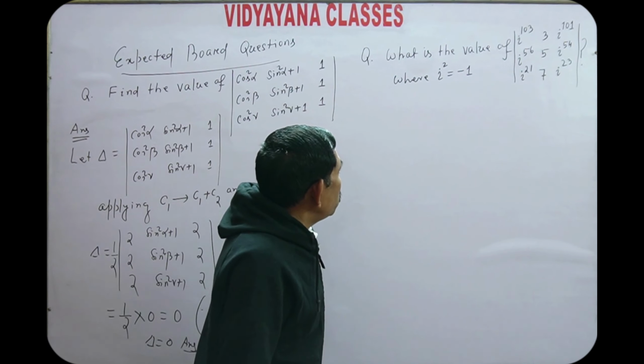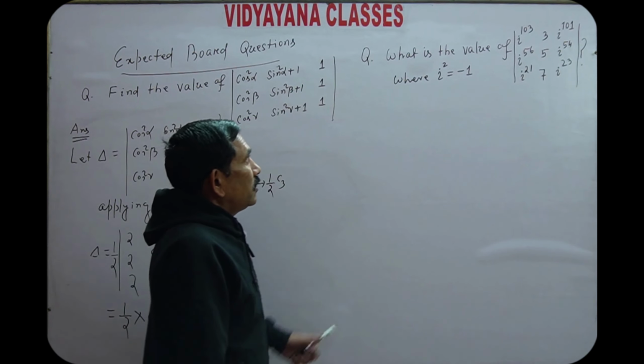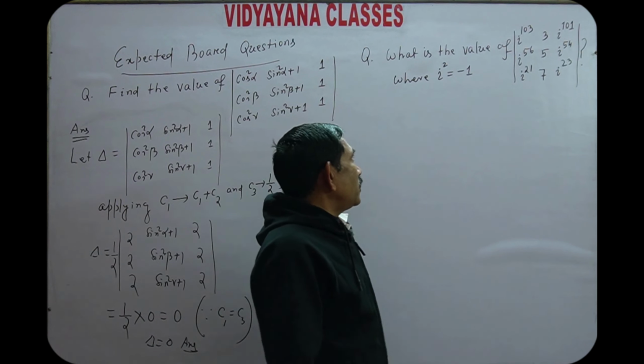What is the value of the determinant where iota square is equal to minus 1?